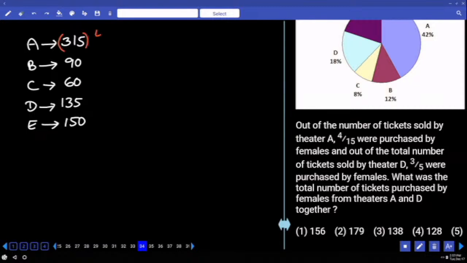A లో 4/15 అట, D లో 3/5. 21 times, 21 4s మాట్లాడాలి. 27 times, 27 3s ఏమా 84 plus 81, 160. That's your answer.